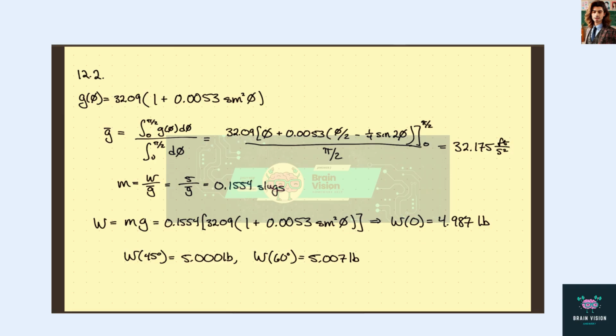If we go up to 60 degrees, that's kind of Alaska range-ish, and it weighs a little bit more, a slightly greater weight. And then if we went to 90, we'd have a slightly higher value for the weight.